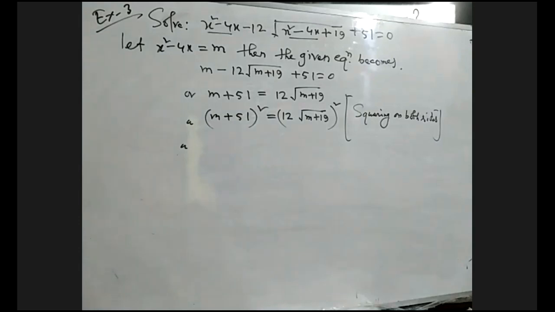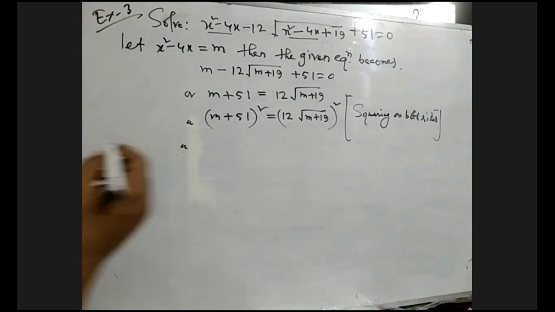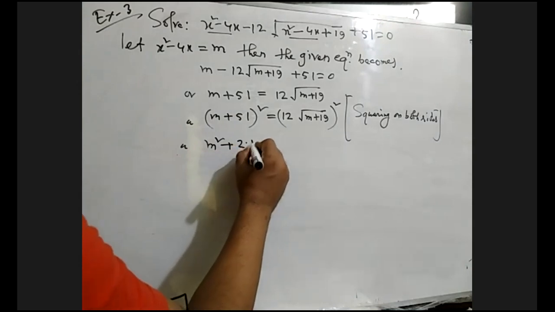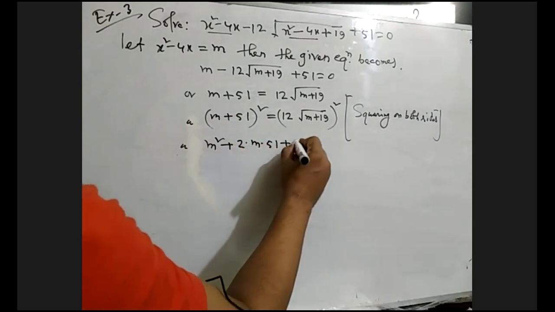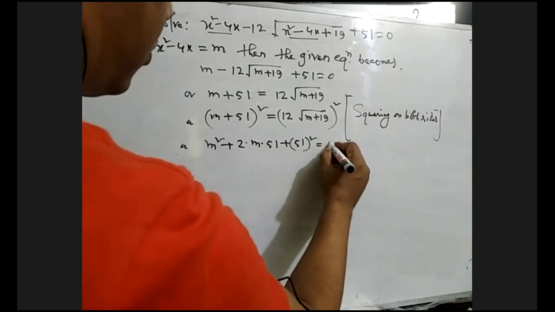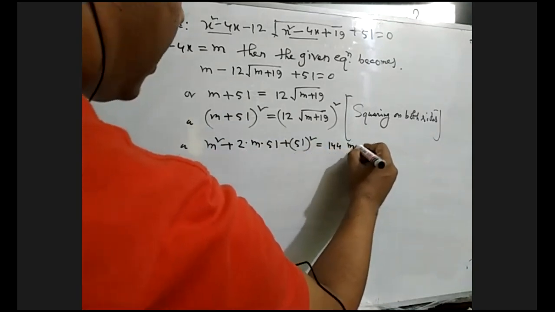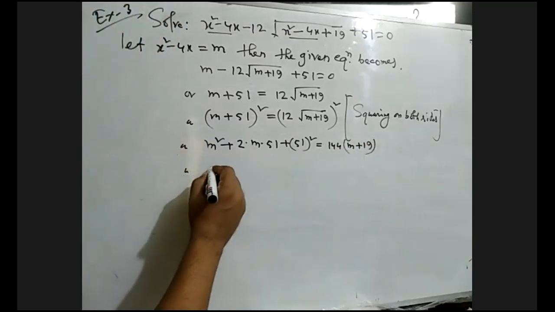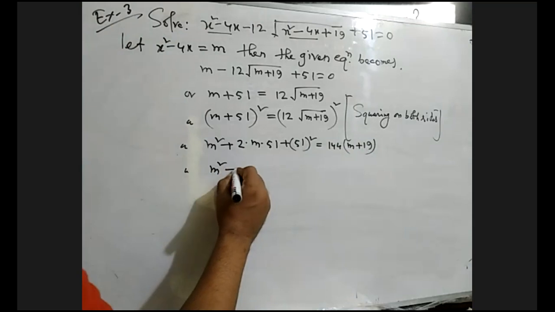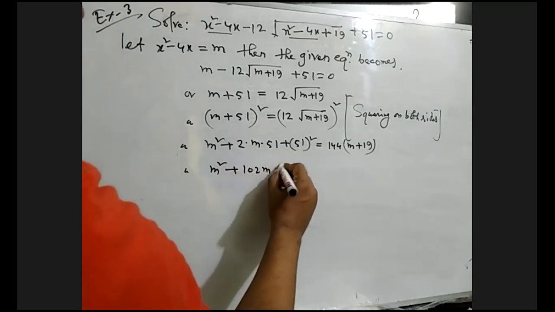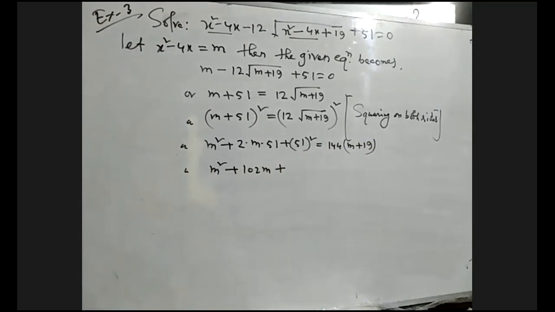Using the a plus b whole square formula, m plus 51 whole square means m square plus 2 times m times 51 plus 51 whole square. Then 144 times m plus 19. So from this line, m square plus 102m plus 51 whole square, you can write 2601.